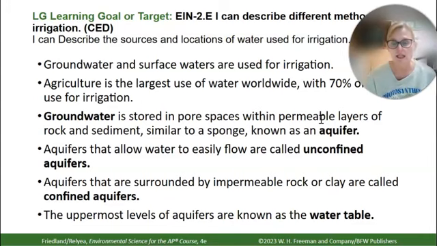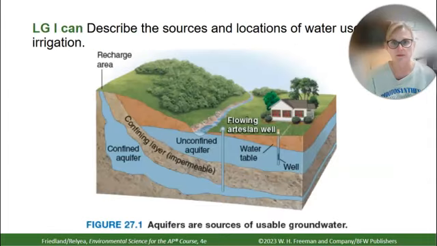If there is an impermeable rock or clay layer, it's called a confined aquifer, and you have to drill through that to be able to access the groundwater. And then the top level of the underground water, whether it's an aquifer or just groundwater, is called the water table.